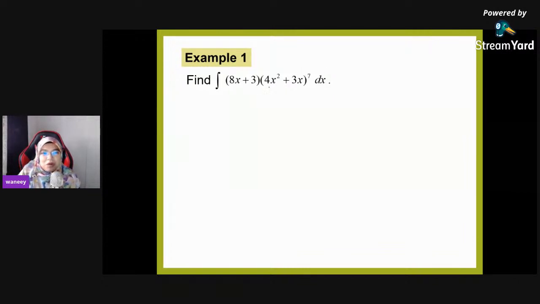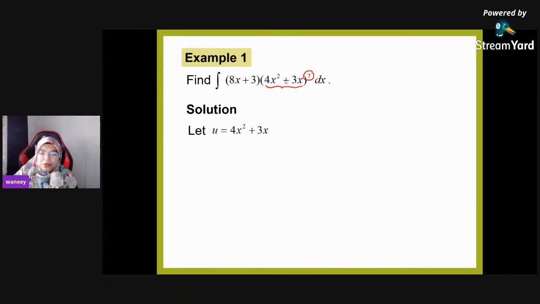So the function that has a power will become u. This function has a power, so I'm going to choose it as my u. Other than that, I can easily see that if I differentiate 4x²+3x, I can get the thing in front. That is how I know I can use substitution for u equals 4x²+3x.